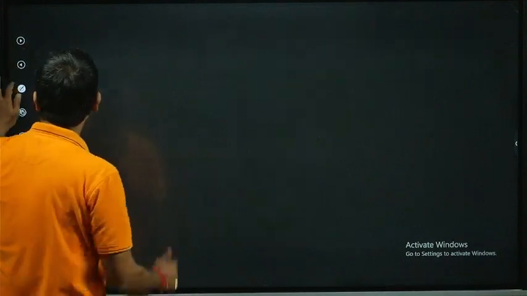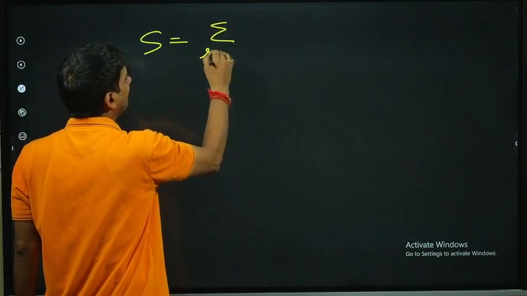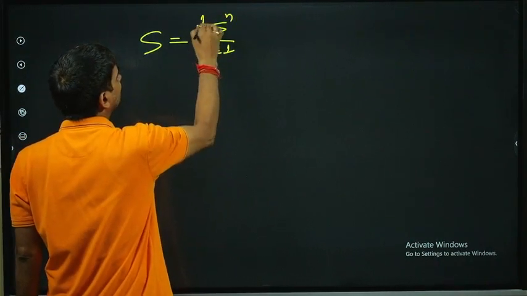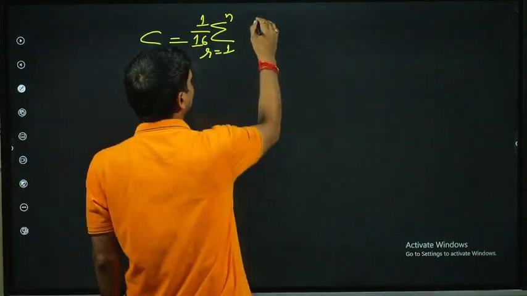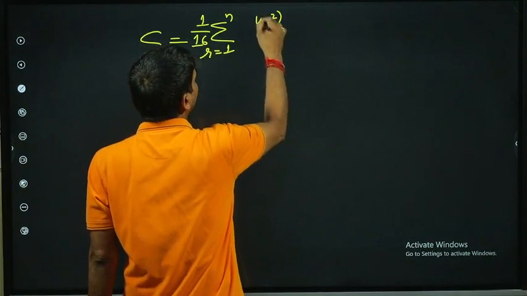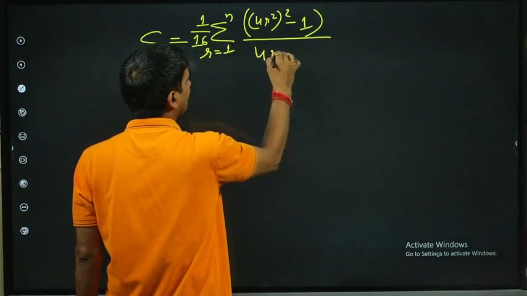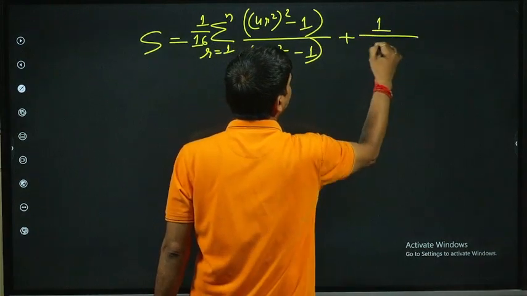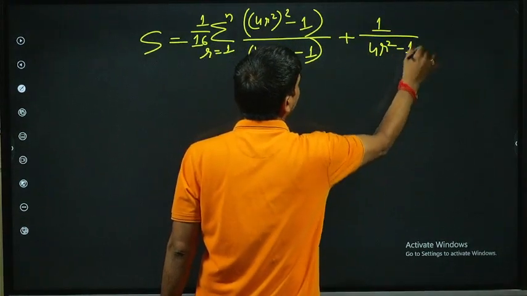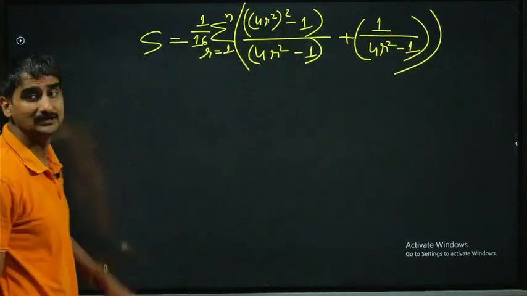Okay, so now we can write it as summation r goes from 1 to n. Of course 1 by 16 we have outside the summation symbol. So it is 4r square whole square minus 1 upon 4r square minus 1 plus 1 upon 4r square minus 1, bachcho. Okay, so that's what we get here.